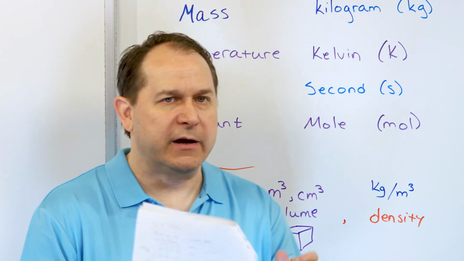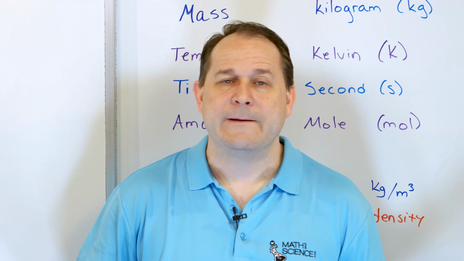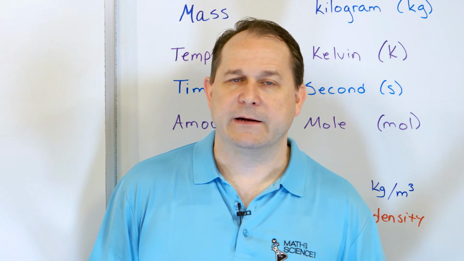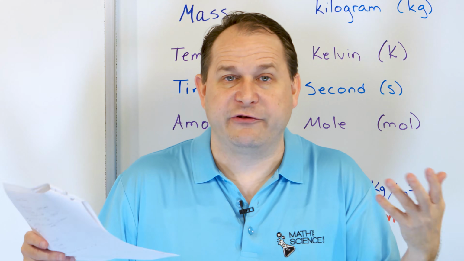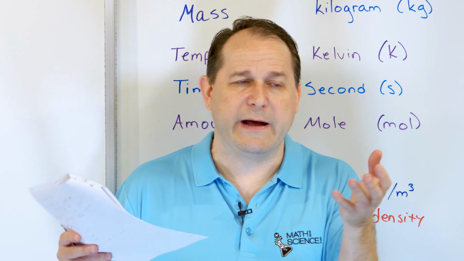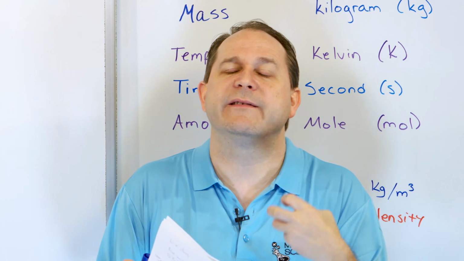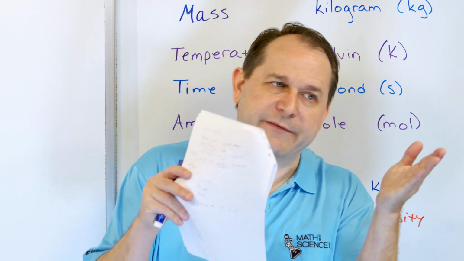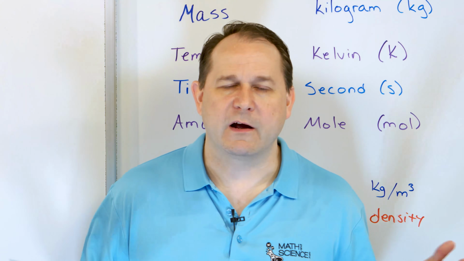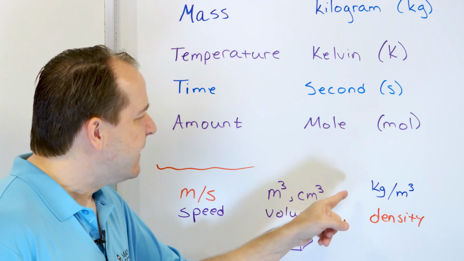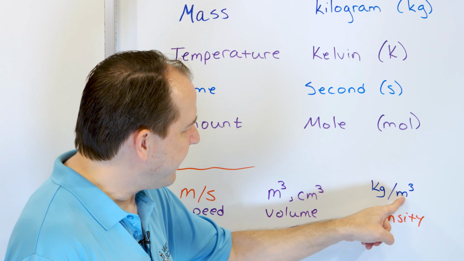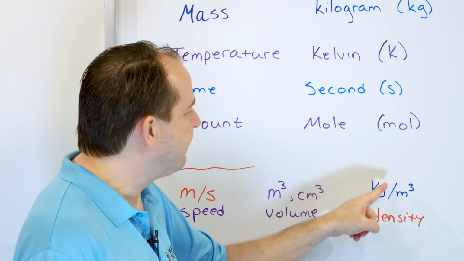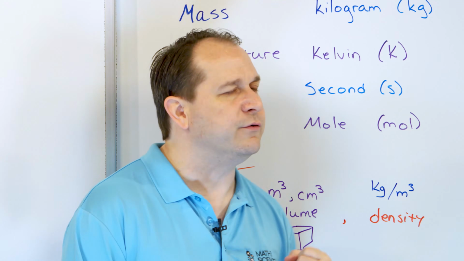So if you have a cubic meter, literally a crate of cotton or something like, or water or whatever, then you measure its mass, how much substance is there, and then you divide it by the volume, and you get something called the density, which is a comparison of mass to volume. And so we'll talk about that in its own lesson. But you can see that kilograms is a base unit and meters is a base unit. And so by taking kilograms and dividing by meters cubed, we come up with a new derived unit.